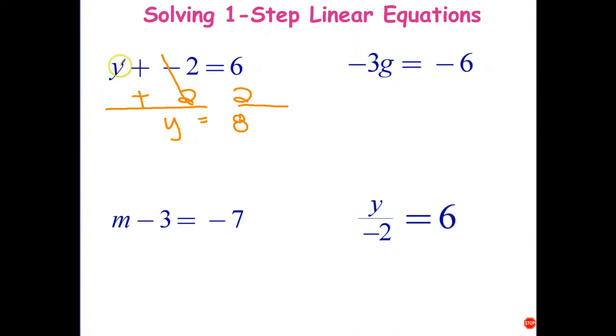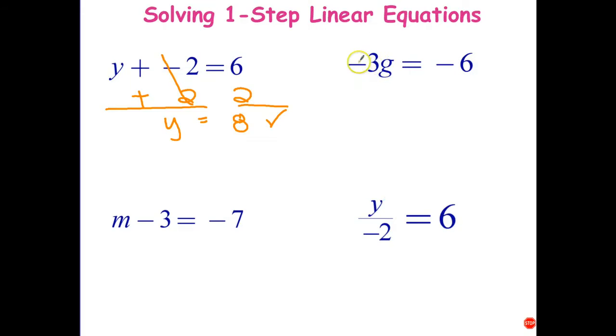Quick check, 8 plus -2 equals 6 is correct. So again, instead of writing down subtracting -2, that's the same as adding +2. Okay, second equation. In fact, why don't you try the next 3 and then get back and check your answers.